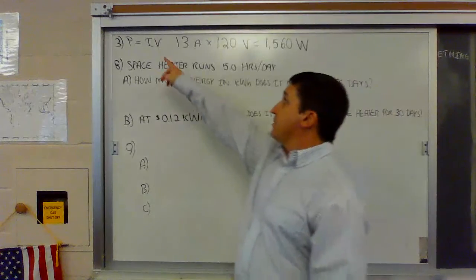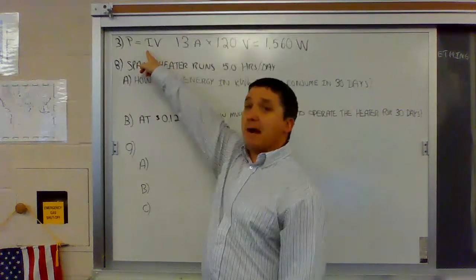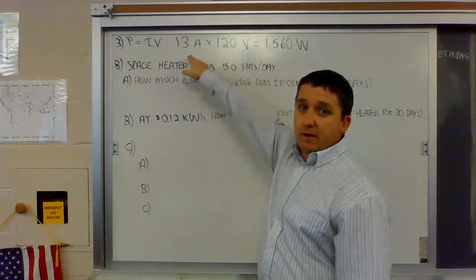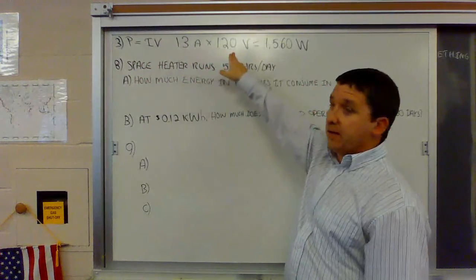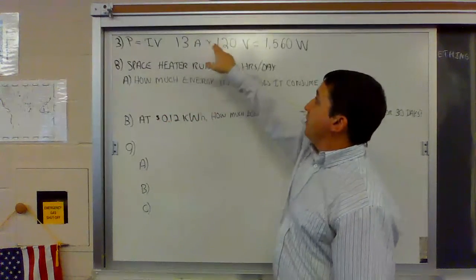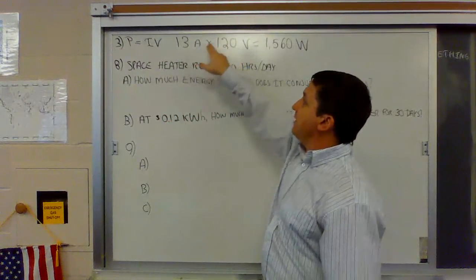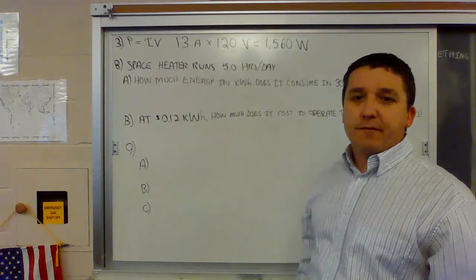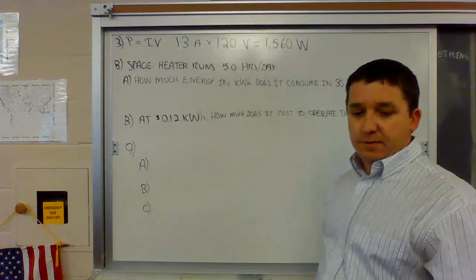So we're just going to use what I call the basic power formula, P equals I times V. So we know the current is 13 amps. We know the voltage is 120, plug it in your standard wall outlet. 13 times 120 is 1,560. So we need that bit of information to help us with number 8.